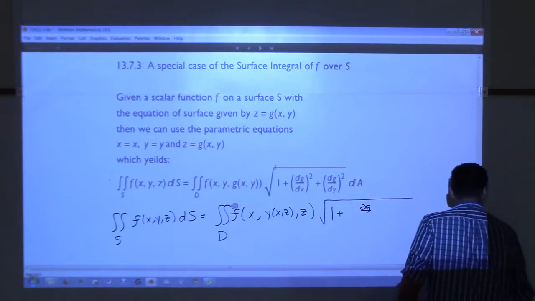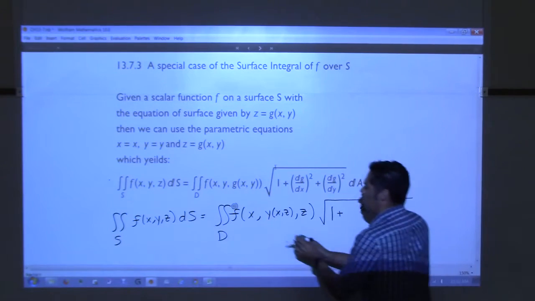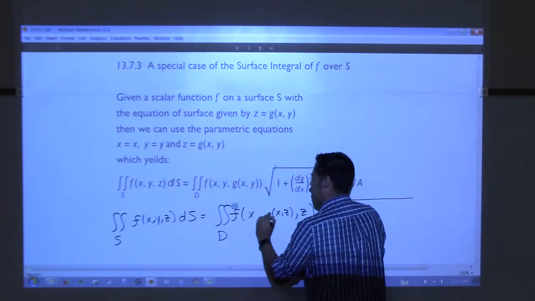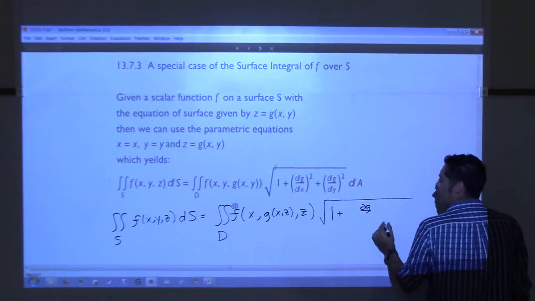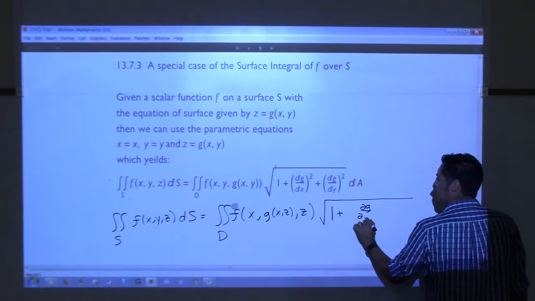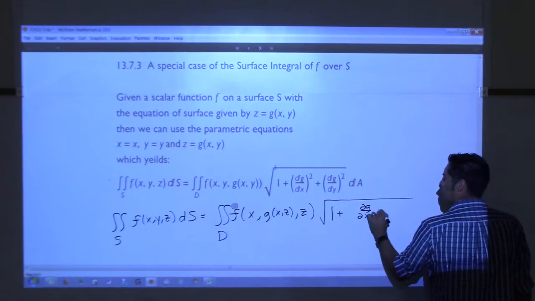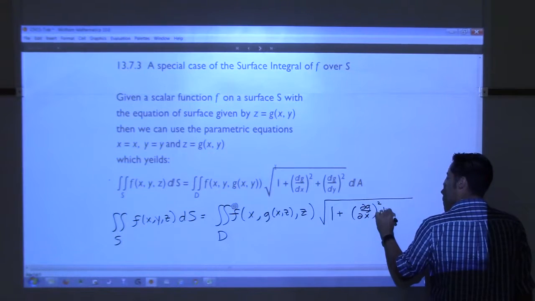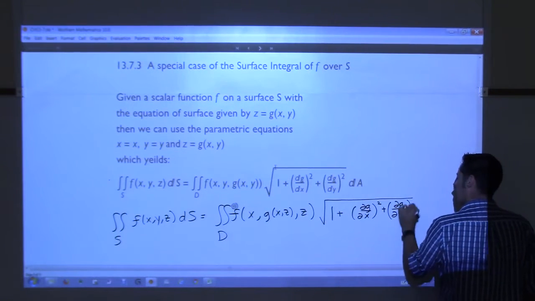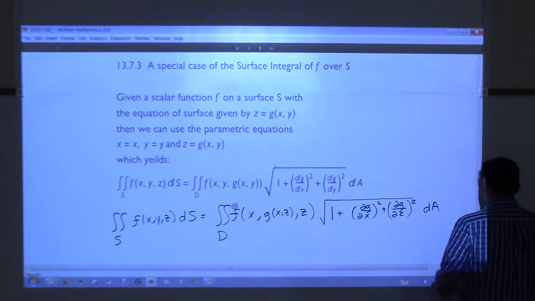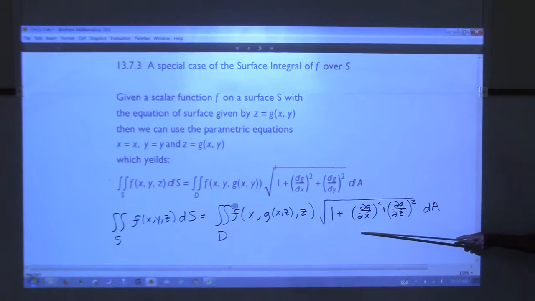Partial, oops, I forgot something here. Let me call this G so that we maintain some consistency. Okay, so what would this formula be for?